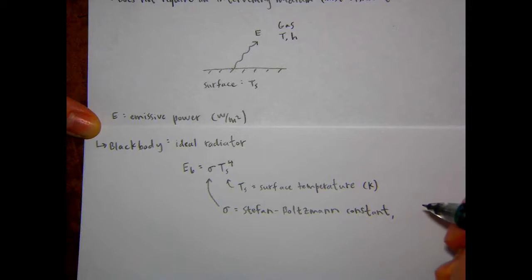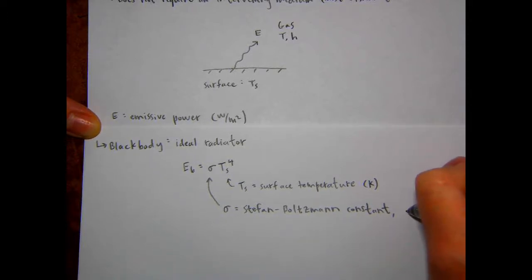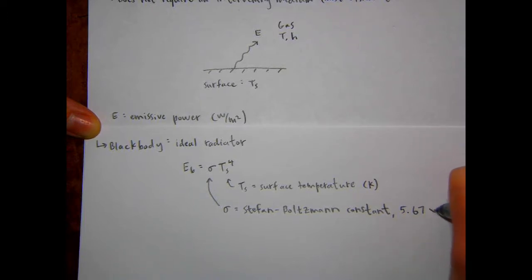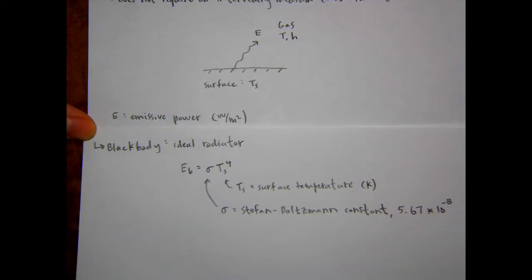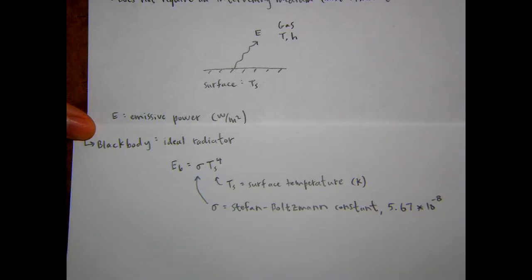And it is equal to 5.67 times 10 to the negative 8, which is convenient for remembering it. Watts per meter squared K to the 4th.